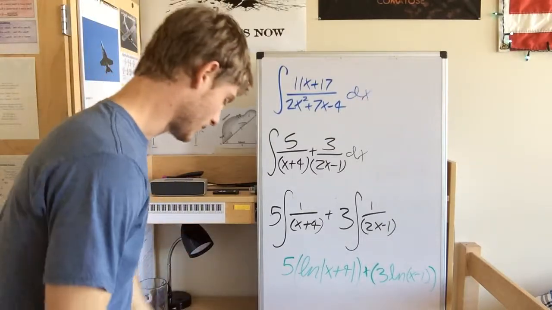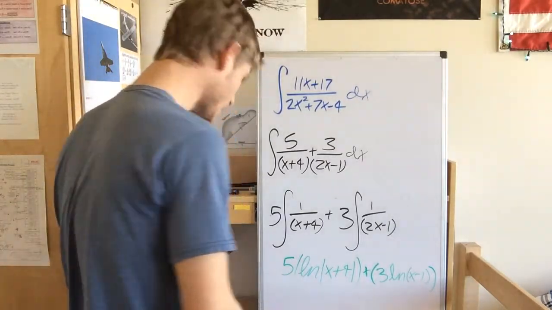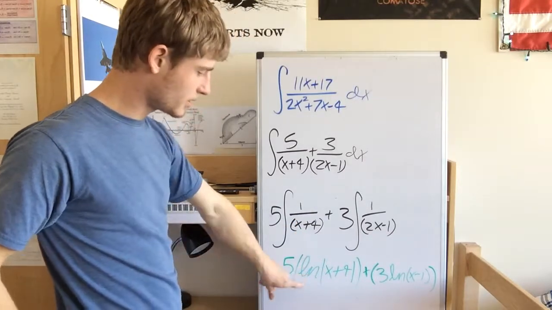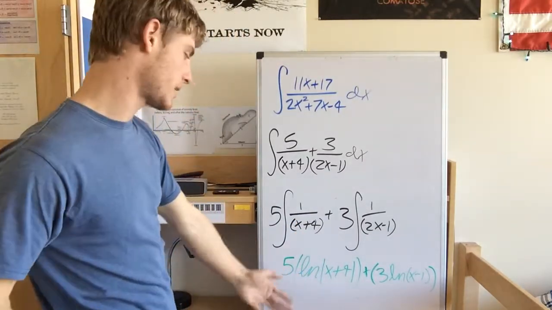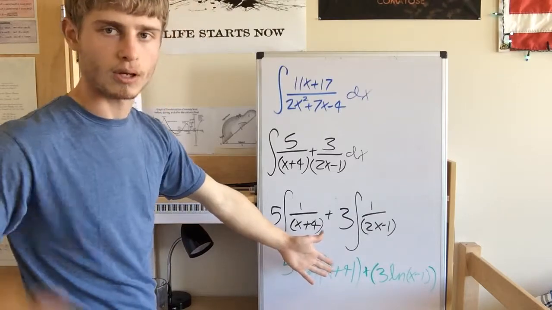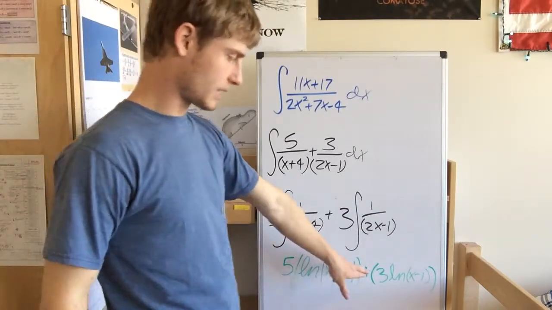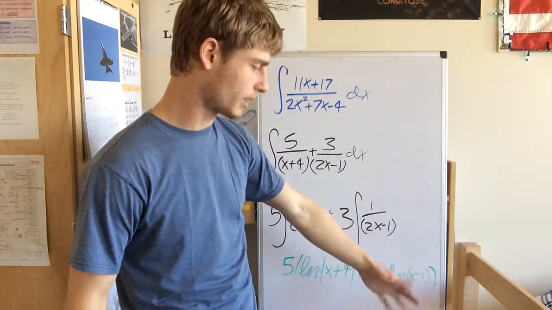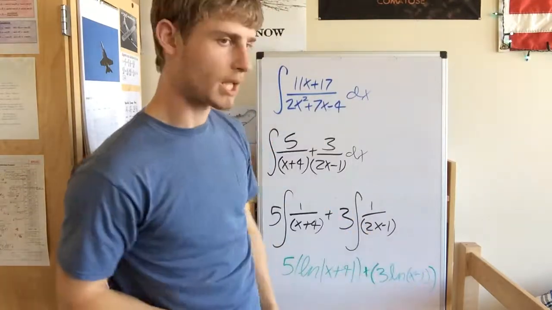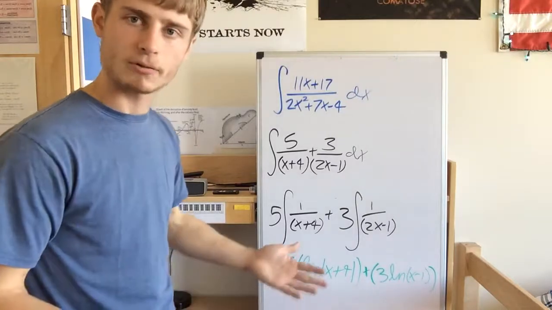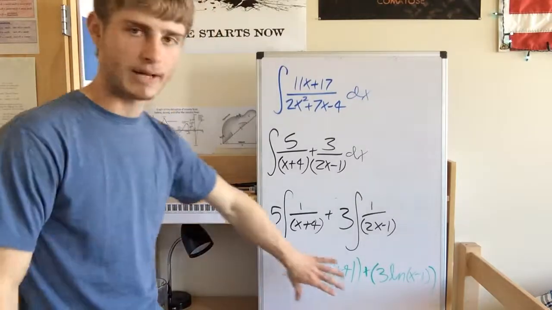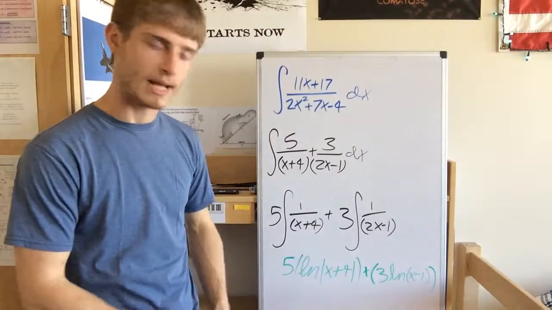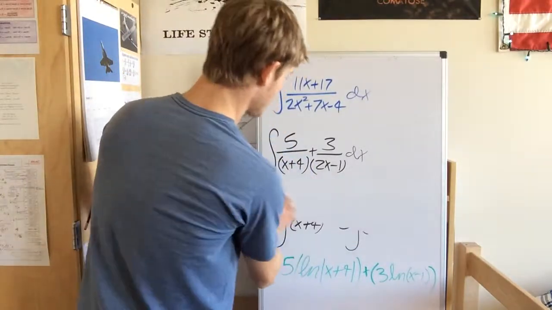I changed my symbols around right there a little bit. But what are our rules of exponents? If we have 5 times natural log, we could also say that this is natural log of x plus 4 to the 5th, plus 3 natural log of x minus 1 to the 3rd. And then obviously plus our c, but there's no reason to do that. We don't have to simplify it. This is a perfectly good answer, and in most classes you're going to be asked to leave it like that.